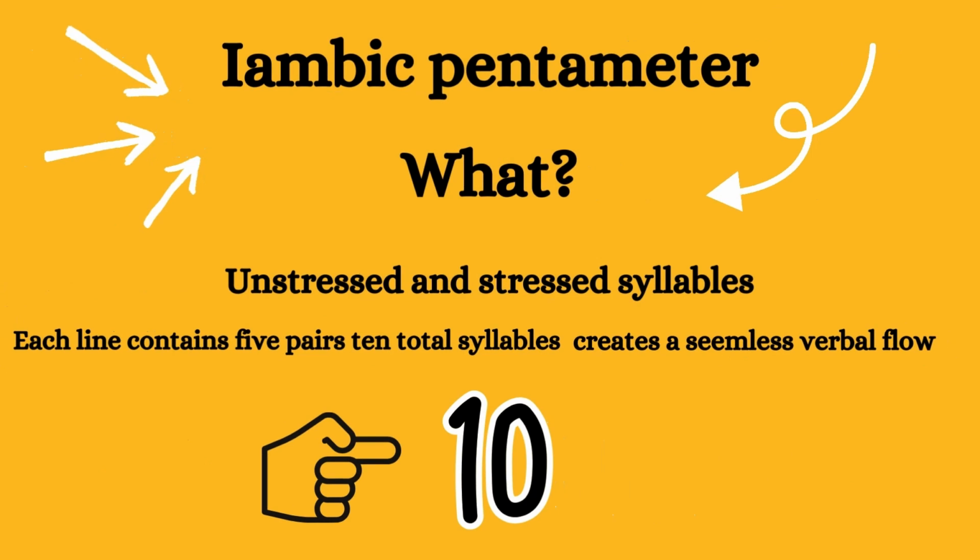What is this device? Iambic pentameter is the name of a device where syllables within a poem are stressed and unstressed. It is used to mimic conversation. Each line contains 5 pairs of stressed and unstressed to create a seamless verbal flow.